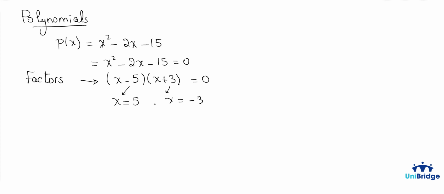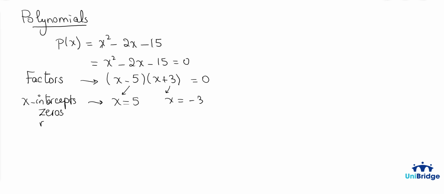This is the same thing we did when we were getting the x-intercept. So these values, we call them the x-intercepts of the function, because these are the values of x when y is equal to 0. But we also call them the zeros of the function, because the function is equal to 0 when y is equal to 0.